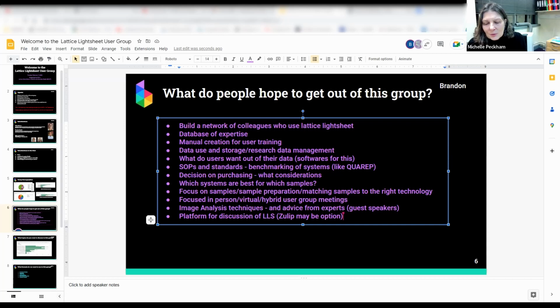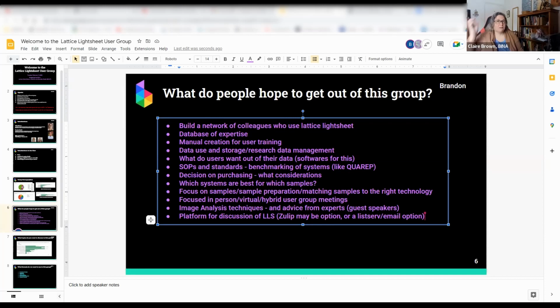So I don't know whether it's worth trying to set up a listserv for Lattice Lightsheet, because I actually find it quite nice that an email comes in my inbox and I can either reply because I know exactly what to say, or I can say, I don't really know about that, but I hope somebody does, and just file it away for safekeeping. I think all the comments on the listserv get posted somewhere, don't they, so that if you do a search, you can find them? Yeah, you can also do a daily digest. That's what I prefer. You just get an email of all the messages from the previous day.